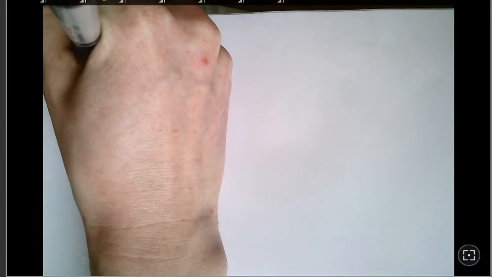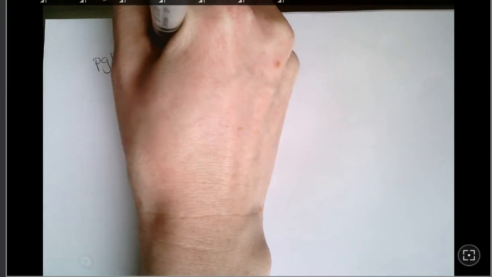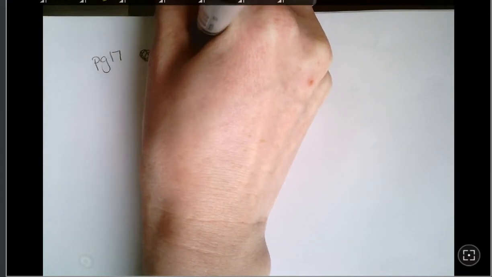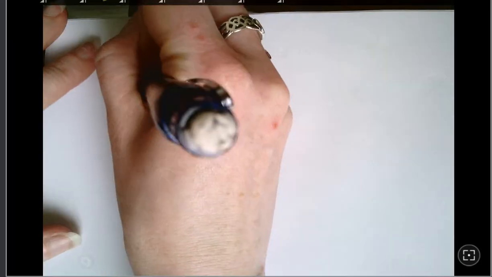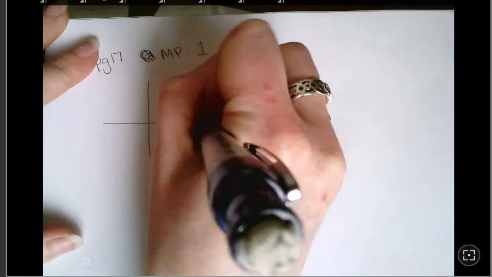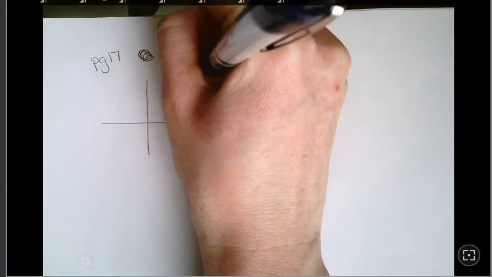All right. For this one, we're on page 17. This is model problem 1. For this first model problem, it says you're going to have a base. I'm going to draw this on our xy plane. It's the graph x plus y is equal to 1.